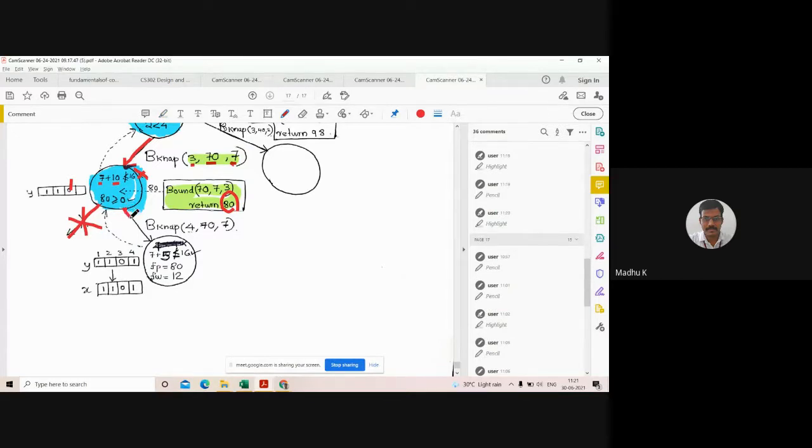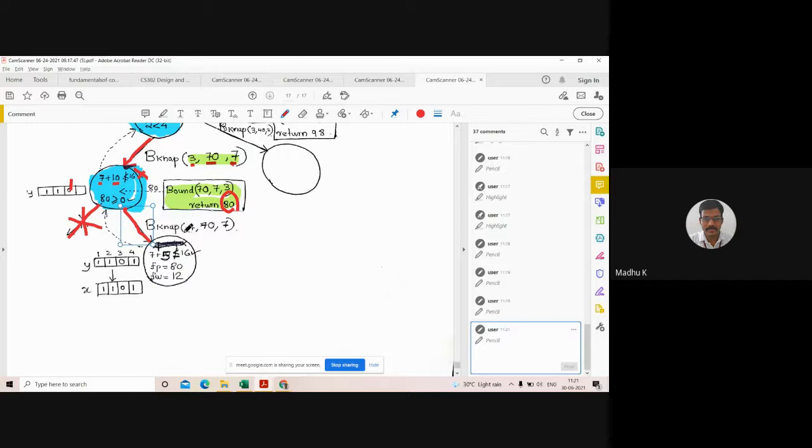For 77 and 4, the object size is increased. I already told you why it's 70. Just observe this bound function 77, 4.